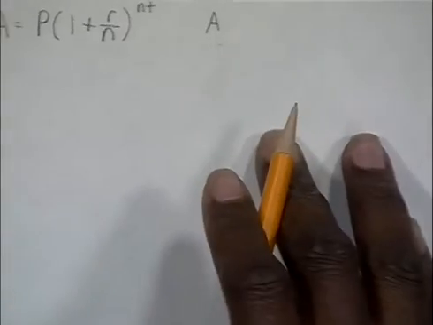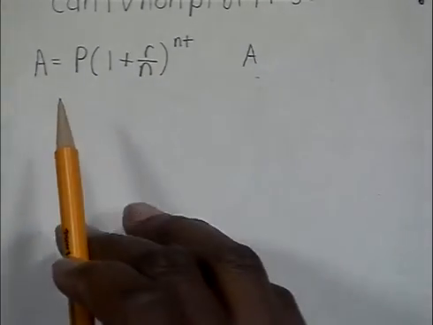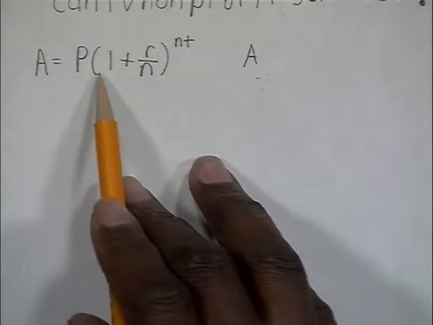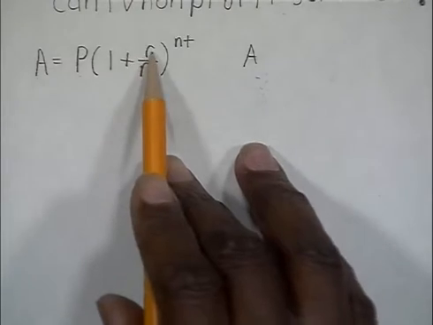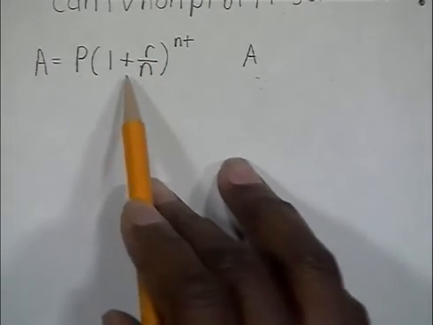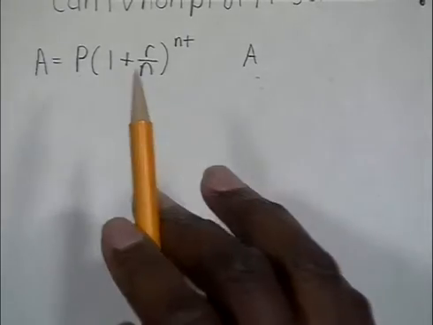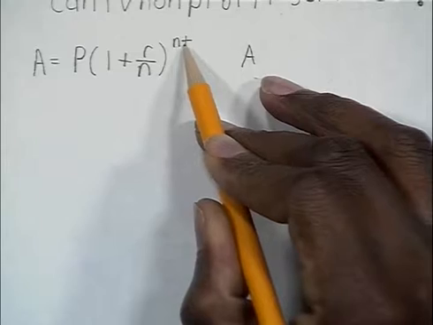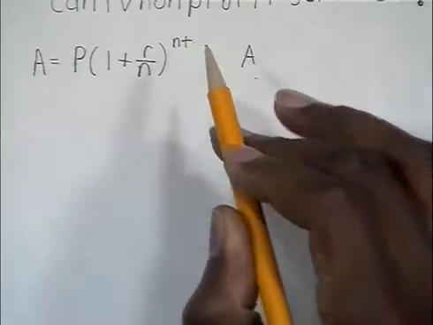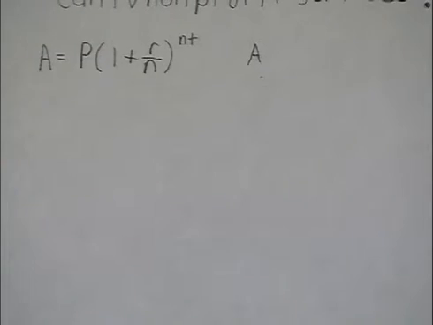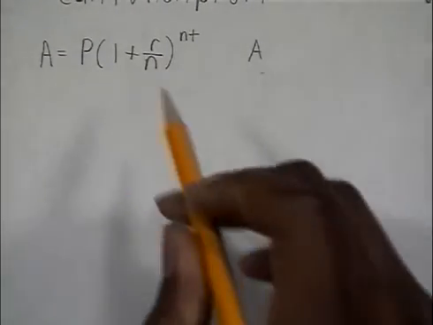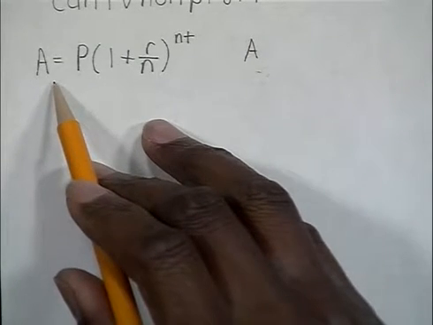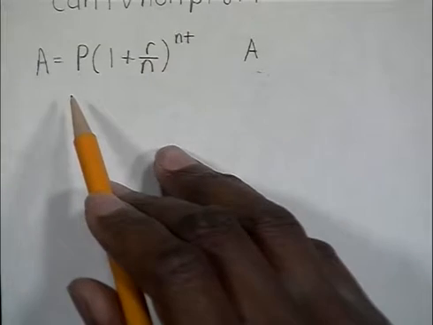The equation I've been using is A is equal to P, that's principal, times the quantity 1 plus the interest rate over the frequency at which your money is compounding annually, times that same variable raised to the n times t power, where t represents the amount of time that you're prepared to leave the money in the bank. We have used this exact same equation for three different kinds of problems.